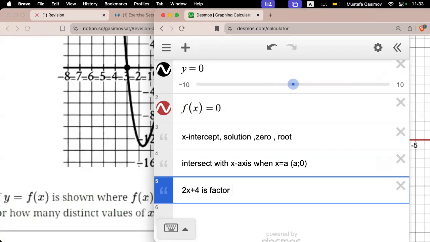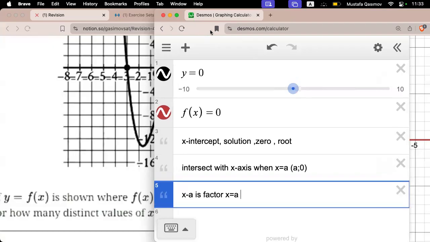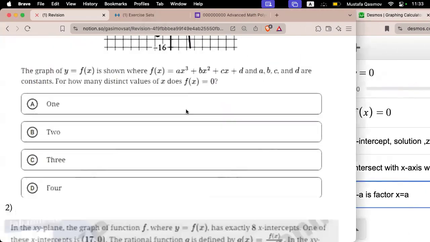What's the x-intercept from here? No, not 4. Negative 2. Yeah, when it is a factor, you can make it equal to 0 and find the x-intercept from there. So we can say shortly, when x minus a is a factor, x is equal to a is x-intercept. So we have a lot of synonyms here actually. Now the answer is 1 here.